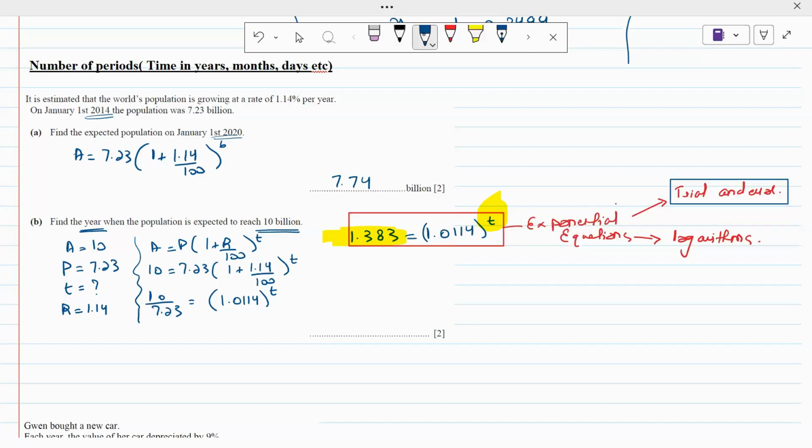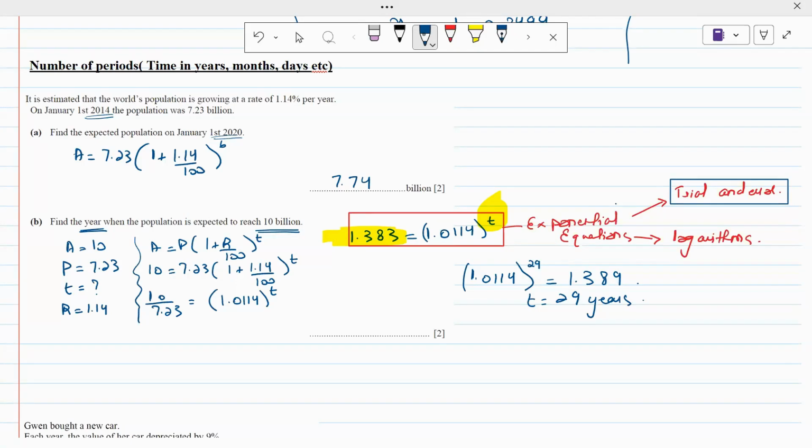So 1.0114 raised to the power 29 gives me 1.389, which is greater than the value 1.383. So that means the time it took is 29. The unit of the time here is years, 29 years to surpass this value.